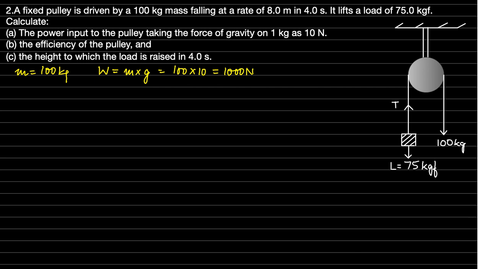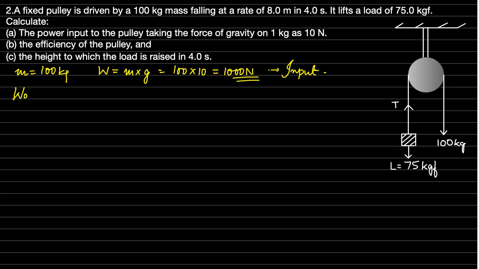So after this, calculate the power input to the pulley taking the force of gravity on 1 kg as 10 newtons. So we have actually got the weight here, and this is going to be the input. So after this we need work done for finding power, because without work done we cannot find power. So I would be finding work done.